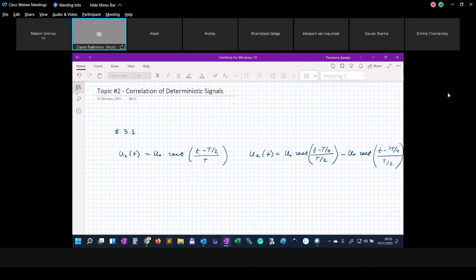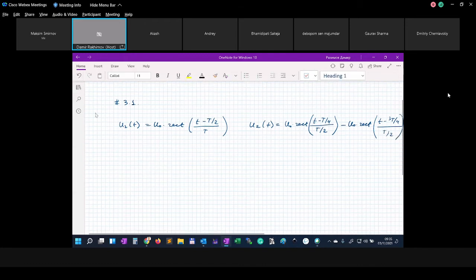First part, usually we need to plot each signal and try to analyze how it looks. Let's plot the first signal, u1 of t, with its origin at 0.